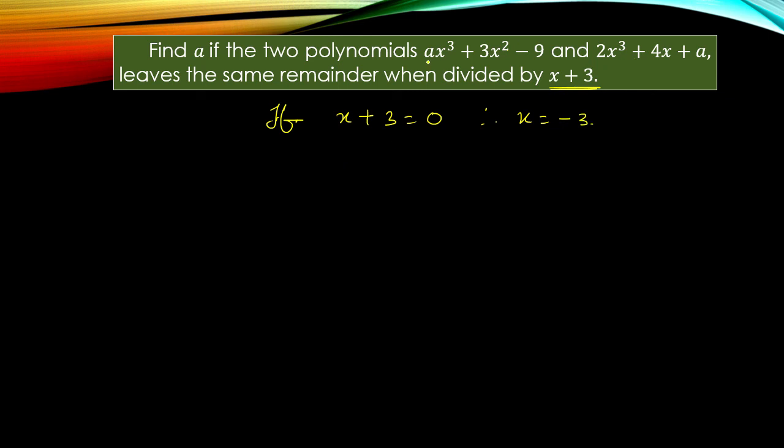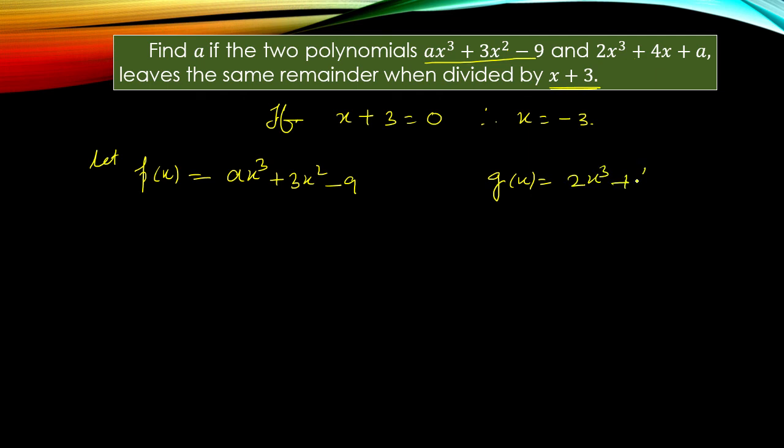Let the first polynomial be p(x), that is ax cube plus 3x square minus 9. Suppose the second polynomial is g(x), and the second polynomial is 2x cube plus 4x plus a.